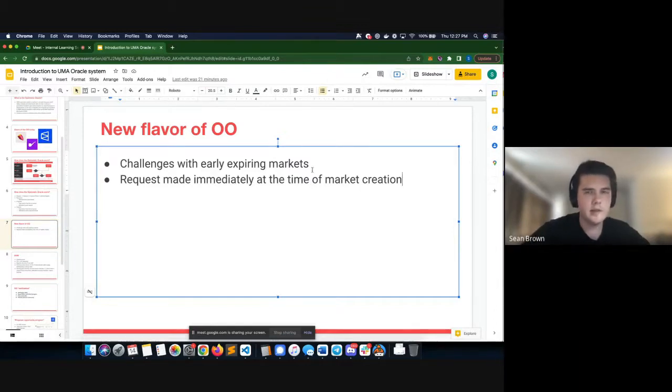So we now have what we call early expiration markets or early expiration price requests, where there are two pieces of data that are not known beforehand. There's what the outcome should be, and also when that outcome should be requested or proposed.